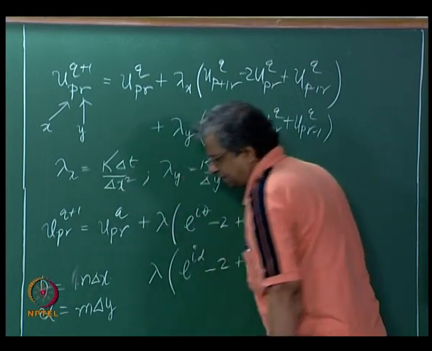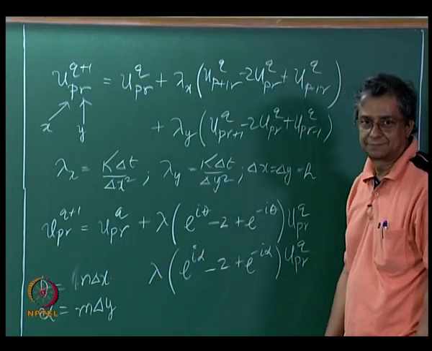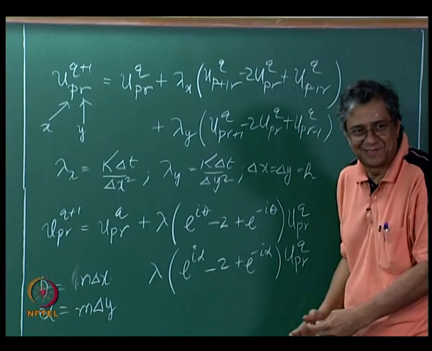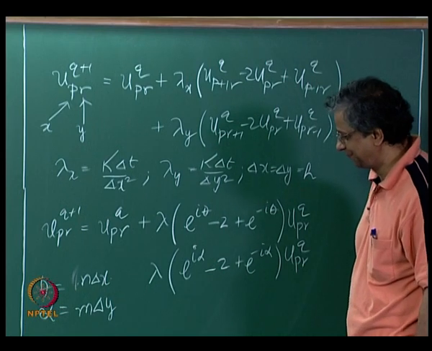We have decided delta x equals delta y, but the wave numbers are still different. However much we simplify, the x and y coordinates keep on falling apart, it does not matter.